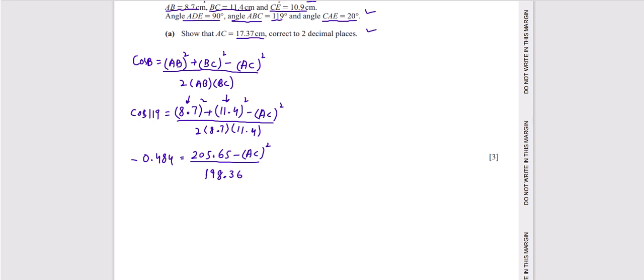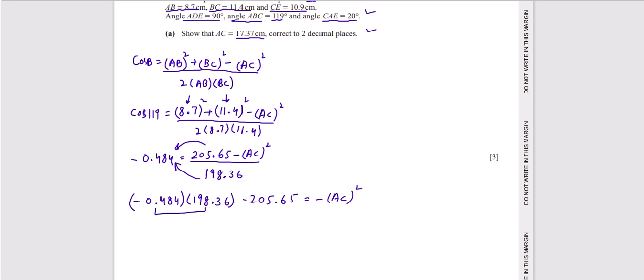So this value is divided, shift on the other side, it will be multiplied: minus 0.484 multiply 198.36. So this value shifts on this side, it will be negative: minus 205.65 is equal to minus AC square.